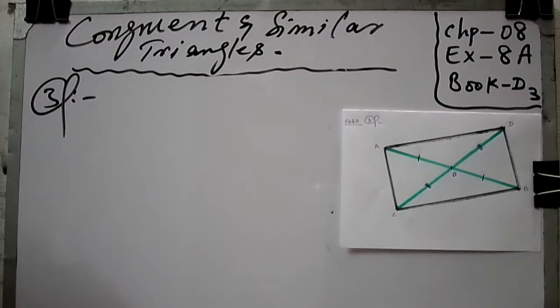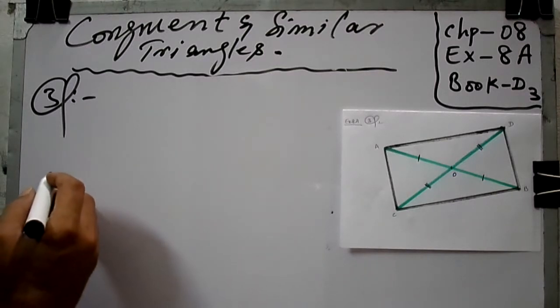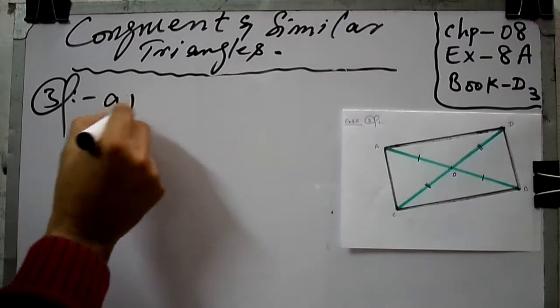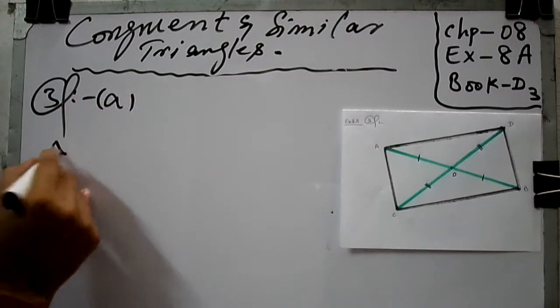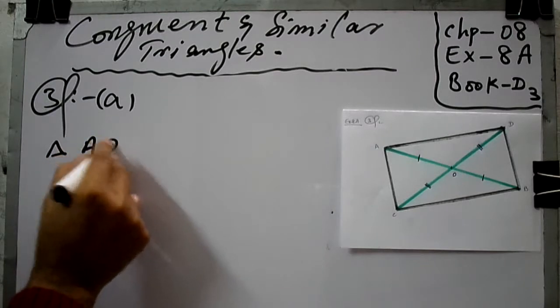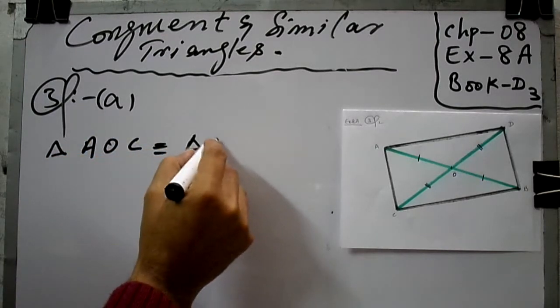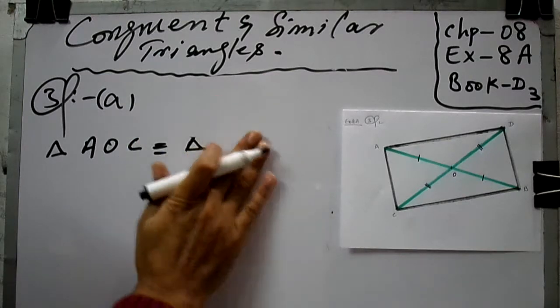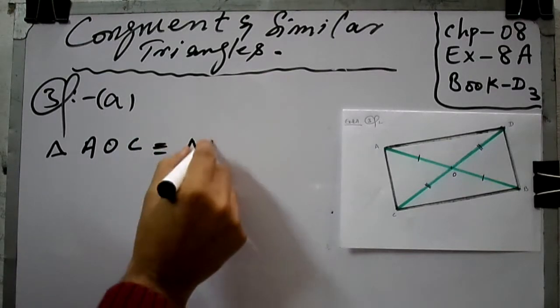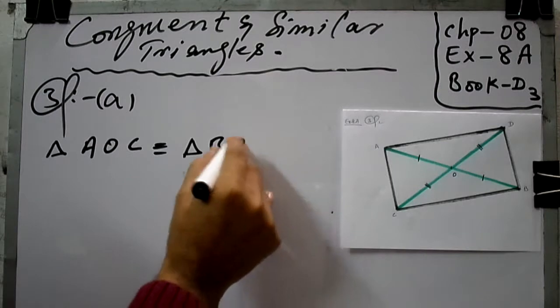And B part, write down two pairs of equal angles. So first of all, in A part, you should take the congruency between triangle AOC and triangle BOD.